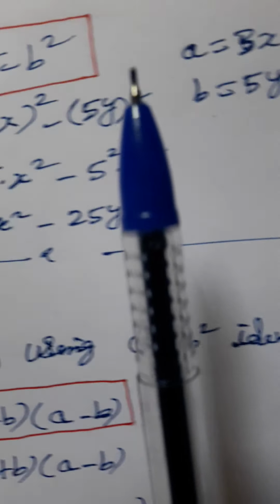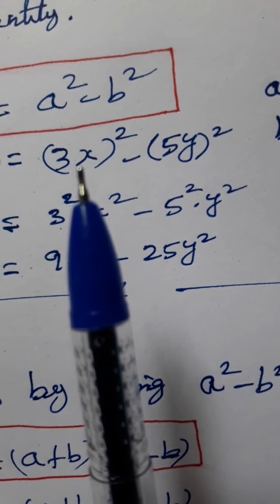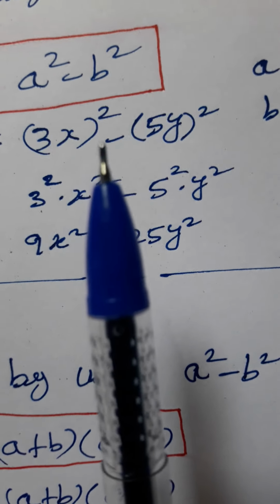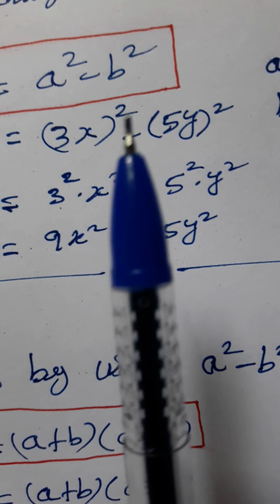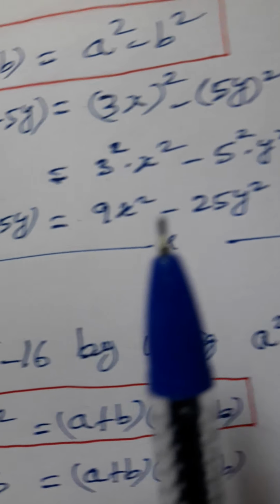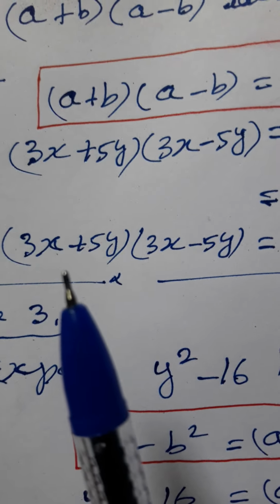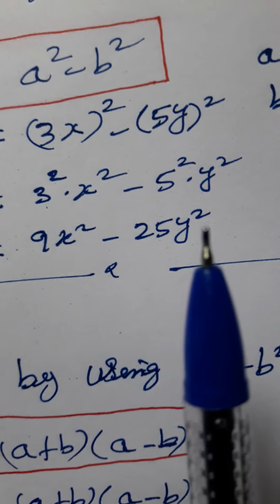So a equals 3x, b equals 5y. (3x + 5y)(3x − 5y) equals a² − b². A is 3x, so (3x)² − (5y)². Here 3² into x² minus 5² into y². 3² is 9x², 5² is 25y². So the final answer is (3x + 5y)(3x − 5y) = 9x² − 25y².